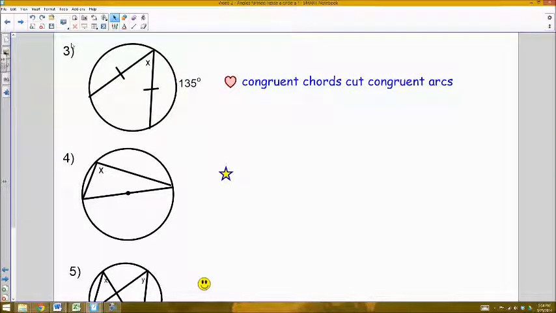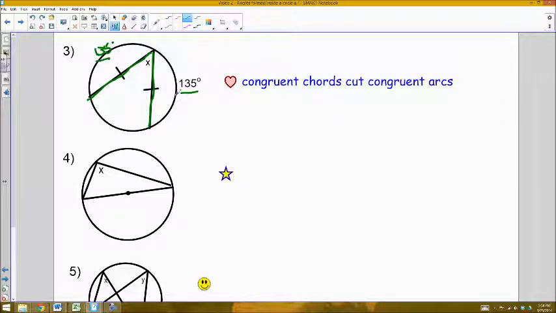Now that we've observed that, we haven't proved it, but it can be proven mathematically that congruent chords cut congruent arcs. So, since this is 135 and this chord is congruent to this chord, the arc which this chord is cutting from the circle will also be 135 degrees.